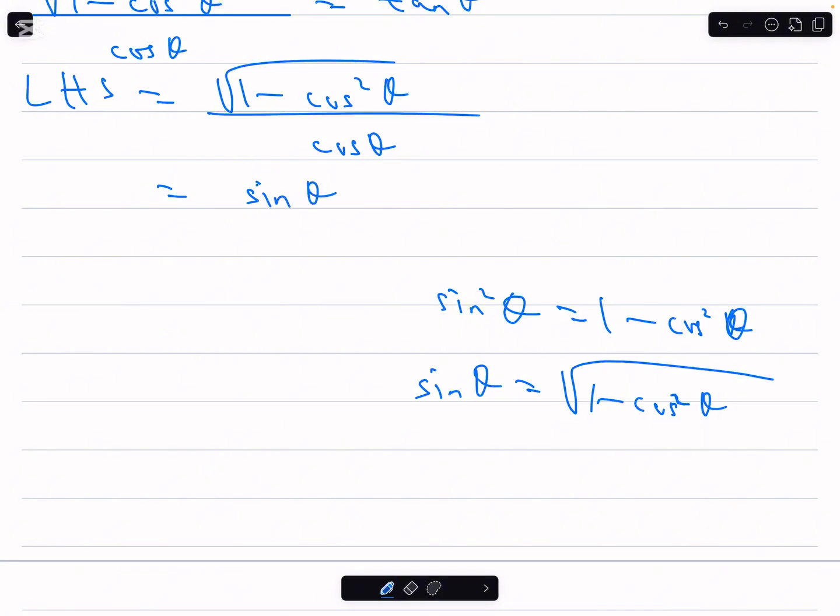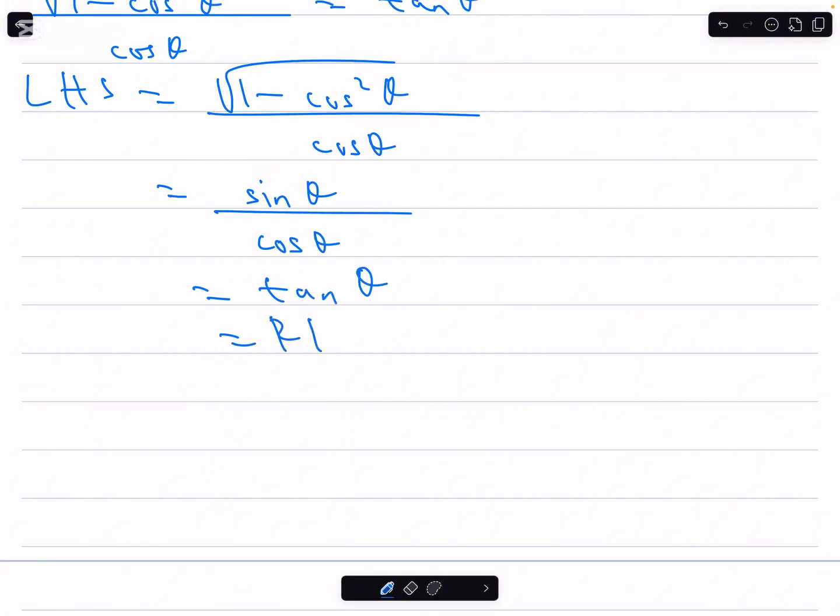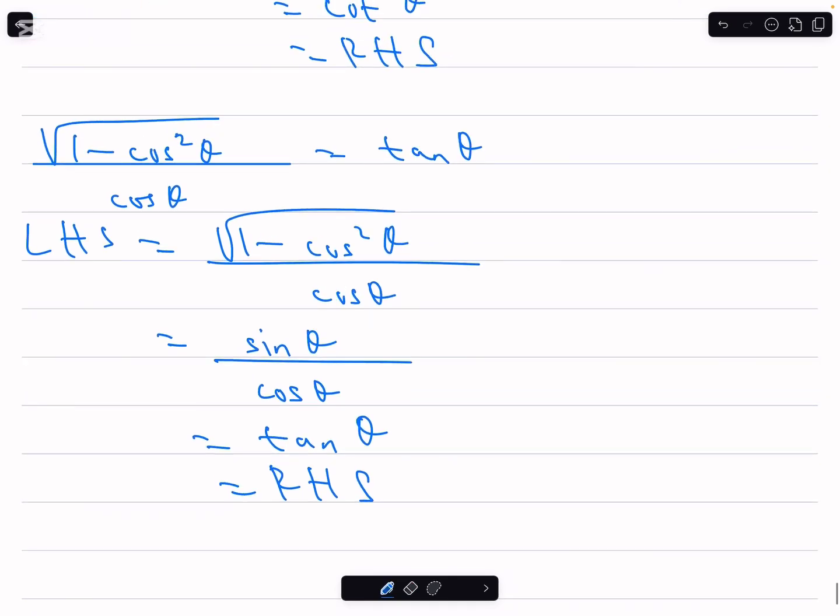So that's sine theta over the denominator, which is cos theta, and that is the same as tan theta. Sine theta over cos theta is tan theta, which is the right hand side. And that's it, very, very simply. Just make sure you know the basic trigonometric identities, and you'll be able to find your way around proofs.